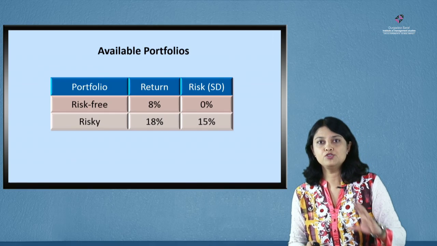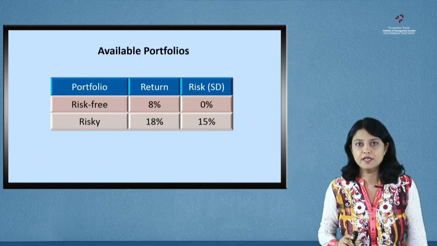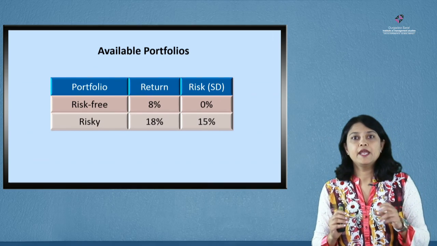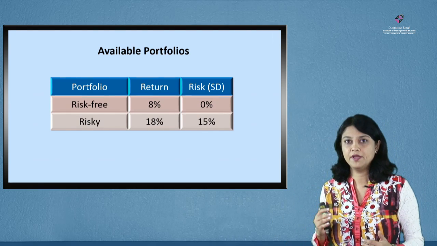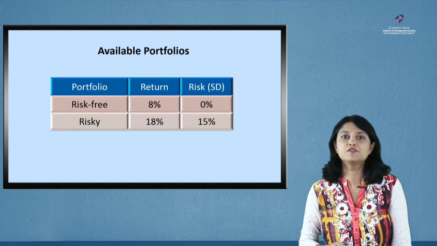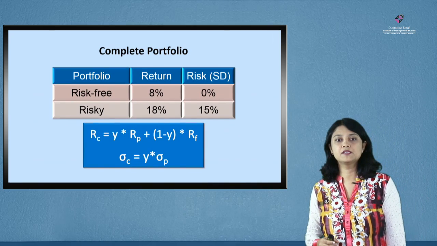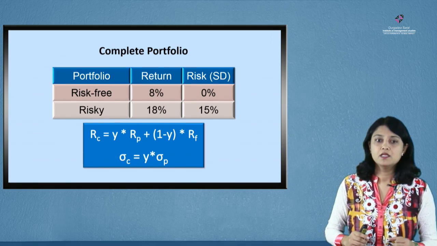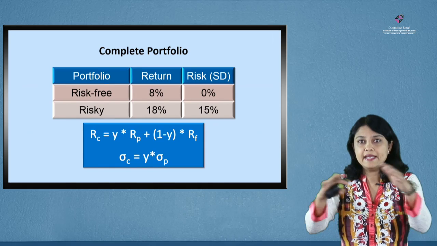Okay. Now, with these two hypothetical portfolios, and assuming that we are investing Y proportion of the total funds into the risky portfolio, the remaining 1 minus Y would be automatically invested into the risk-free portfolio. So, with this example, let's go forward. Now, suppose I want to calculate the return and risk for this mixture, that is my entire portfolio.